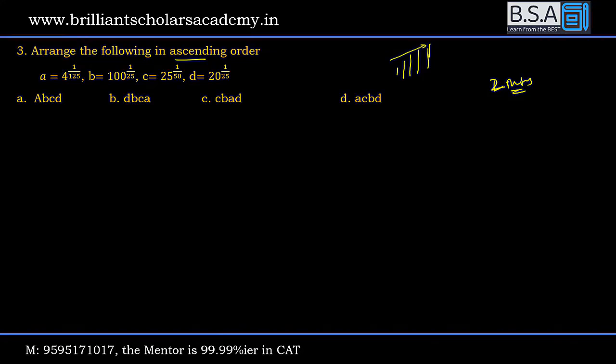So out of these, you notice, first of all, powers have been kept deliberately multiples of 25.